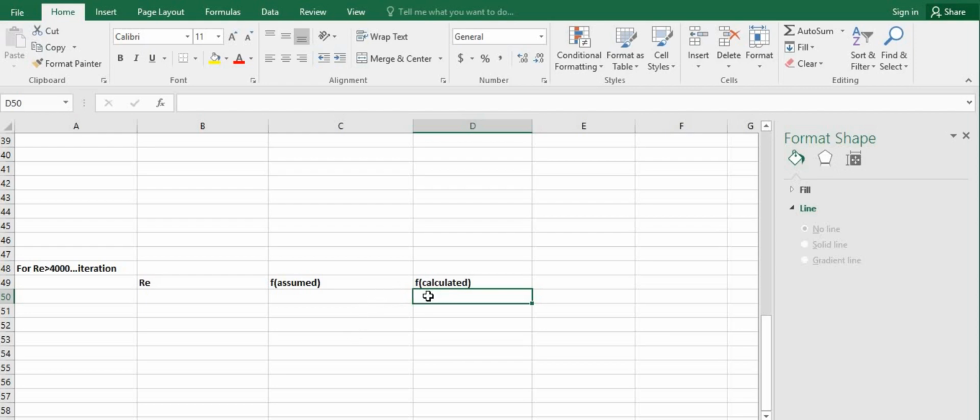And then we continue, we copy this value, paste it here, and we continue with the calculation on the right side until we have comparable values on both cells on the same line.